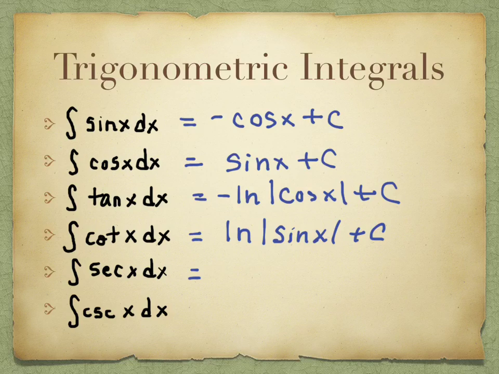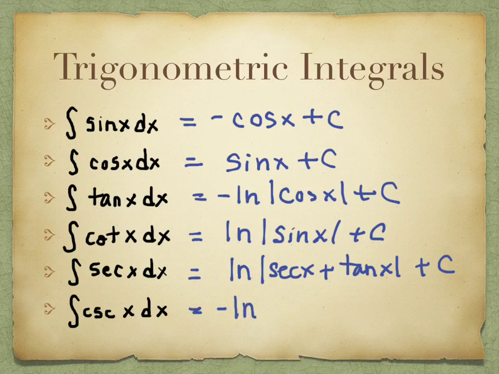Secant of x is the natural log, the absolute value, of secant x plus tangent x plus c. And the cosecant is the negative natural log of the absolute value of cosecant x plus cotangent x plus c.